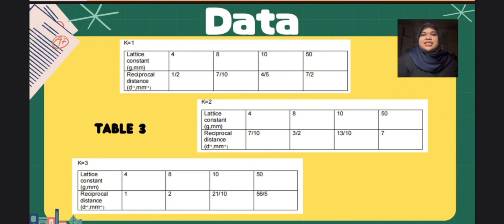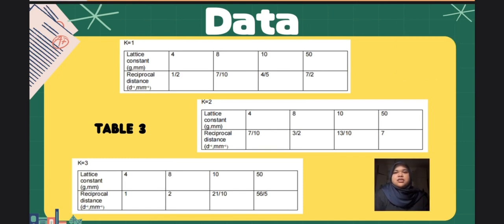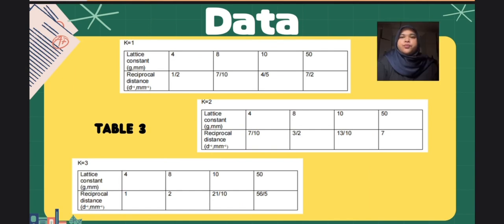The lattice constant represents the distance between points in a periodic structure, such as a crystal lattice or diffraction grating. Values of g are consistent across k equals 1, k equals 2, and k equals 3. The parameter k influences d. As k increases from 1 to 3, the value of d increases for the same g. This suggests that d might depend on both g and k, with k as a proportionality constant or scaling factor.